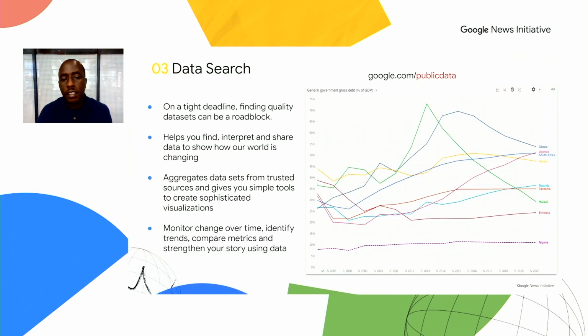This tool aggregates data sets from trusted sources and gives you simple tools to create sophisticated visualizations. It can also help journalists monitor change over time, compare metrics, compare different markets, or compare different countries, and allows newsrooms to embed the visualization as part of their storytelling content.